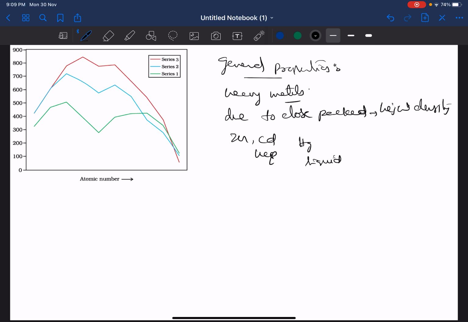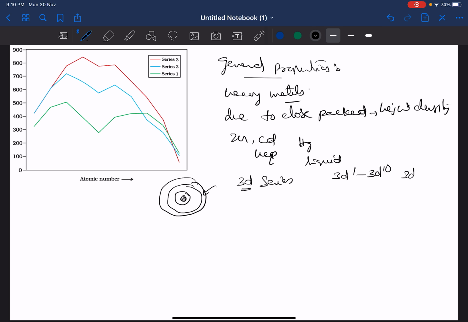The differentiating electron enters into the same d shell. Here is the nucleus, first orbit, second orbit and then third orbit. When we go to the 3d series, the electronic configuration is 3d1 to 3d10.